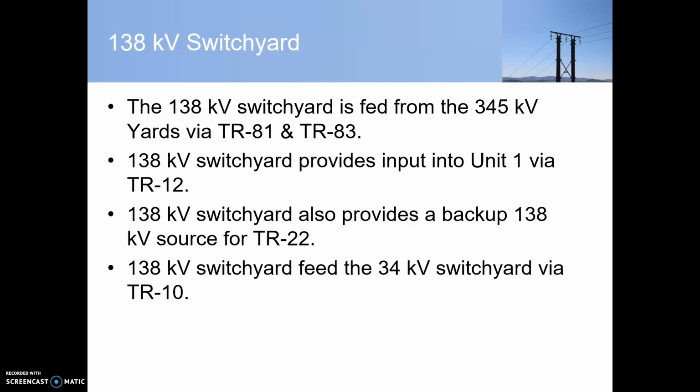So for example, transformer 81 is the feed for 138 kV bus 4. Bus 4 plus the 1 from transformer 81 equals 5. That's how you remember it. Transformer 83 would be the direct feed for 138 kV bus 2. 3 plus 2 is 5.